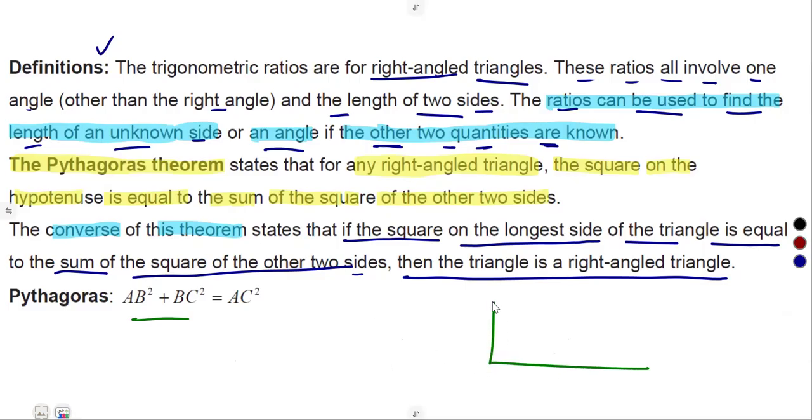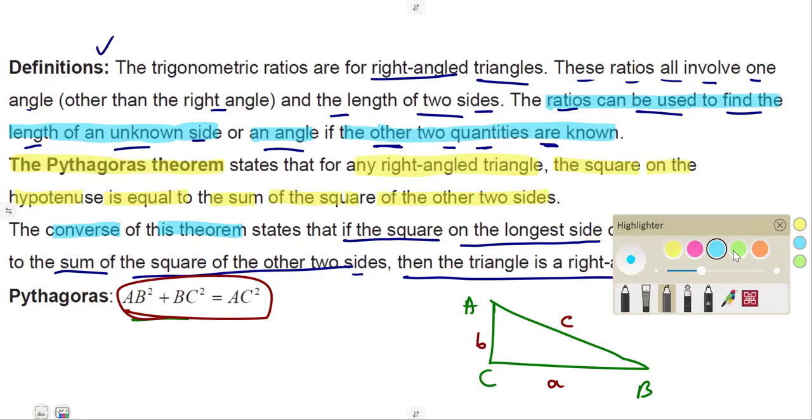If we are given our triangle as ABC, we can conclude that the hypotenuse, in our case, is going to be AB. In our case, this was C, this was A, this was B. So the formula we are given depends on the way you have your diagram.